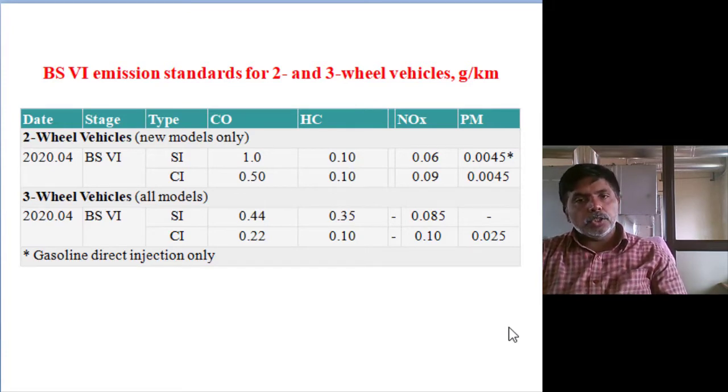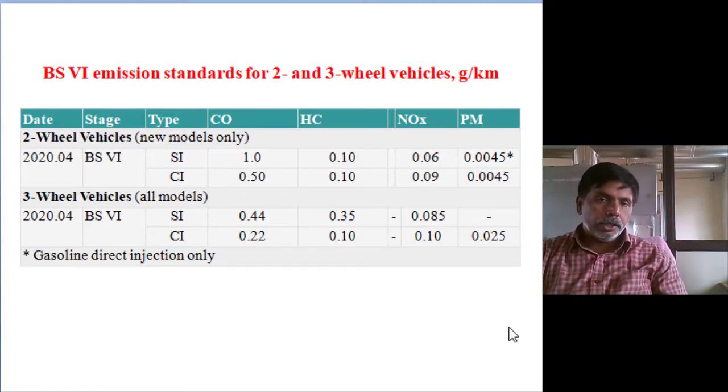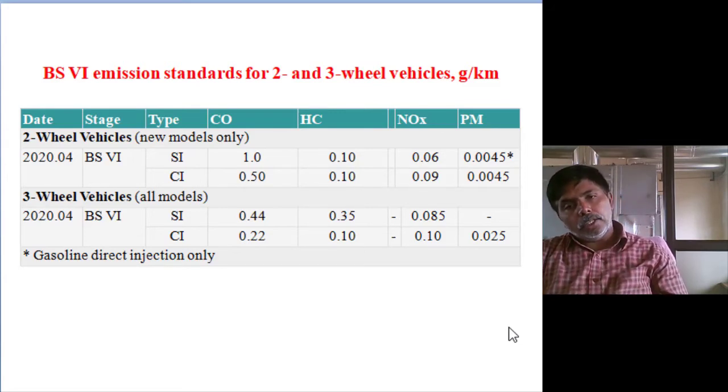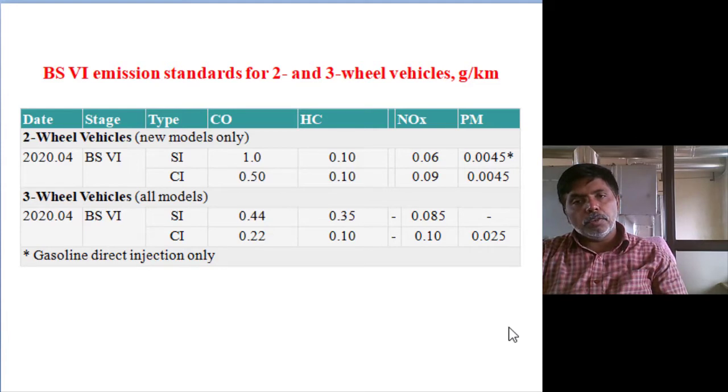The CO range is 1.0 gram per kilometer, hydrocarbons 0.1 gram per kilometer, NOx 0.06 gram per kilometer, particulate matter 0.0045. They reduced it for two wheelers, generally 0.005. And for compression ignition engines, CO level 0.50, hydrocarbons 0.10, NOx 0.09. Three wheelers are also like that.